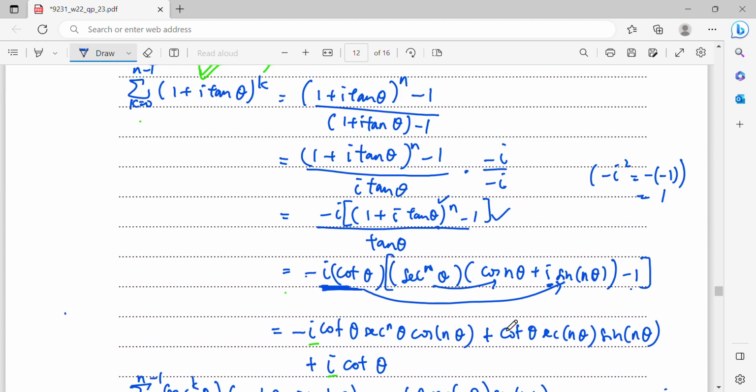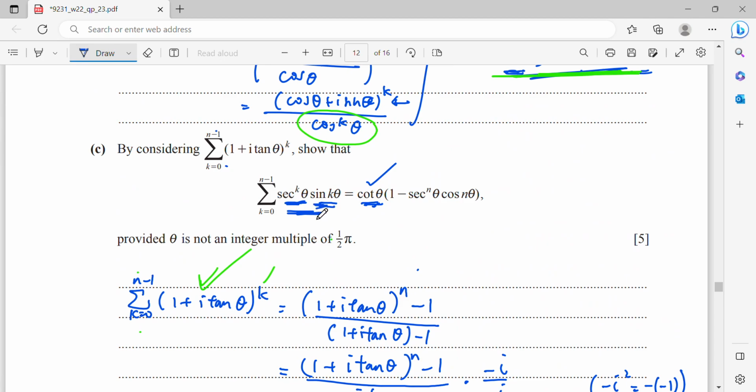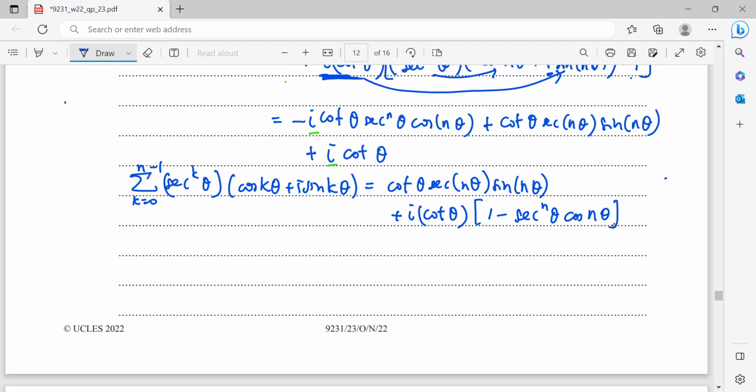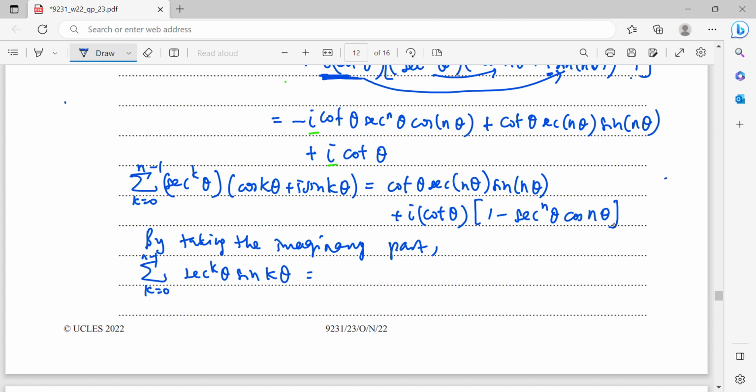So now the question here needs sine k. So by taking the imaginary part, the summation of secant to the power k theta sine k theta equals cot. Okay, this is the imaginary part.